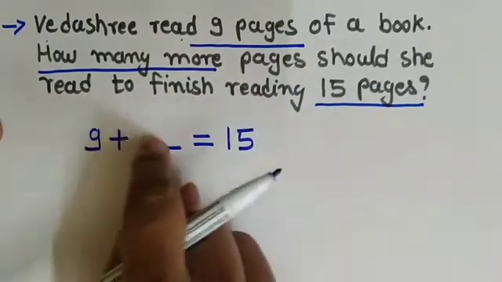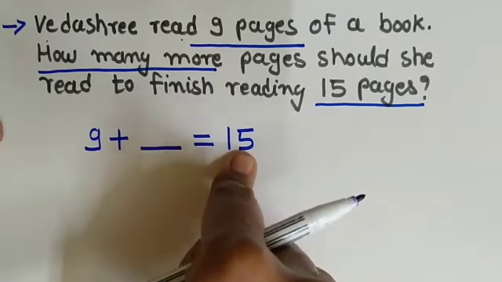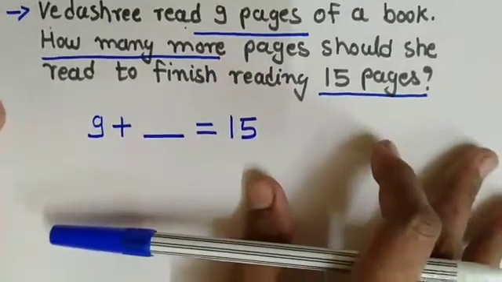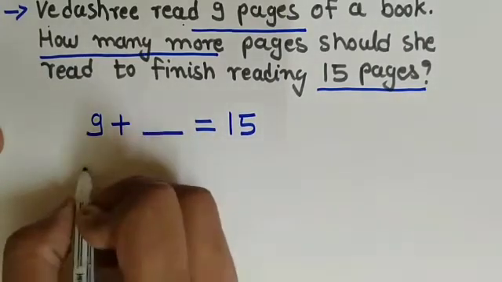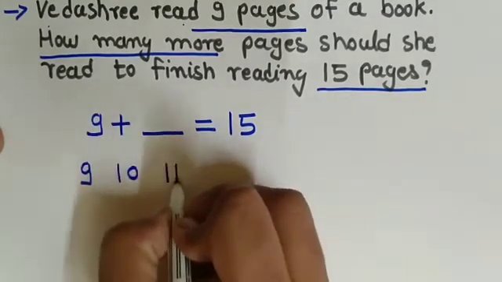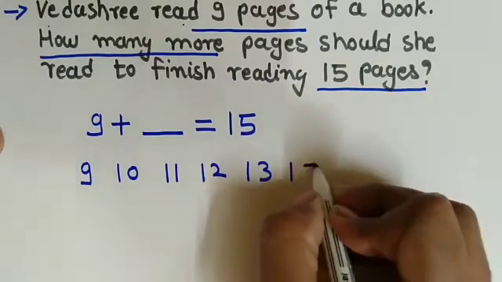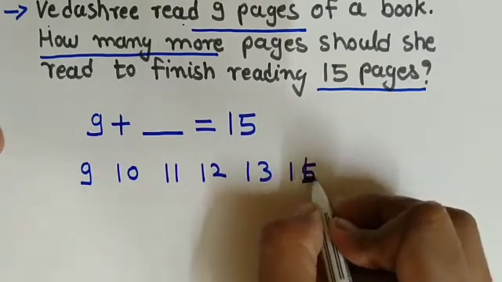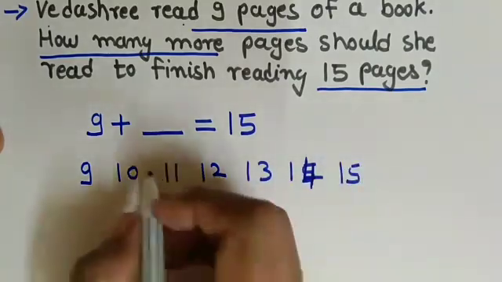Means the sum of both numbers will become 15. So by counting forward, we will understand what the number will be. From 9, we will write the next numbers till 15. 14, 15.